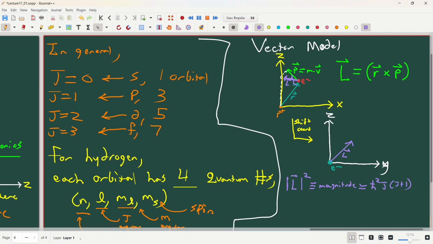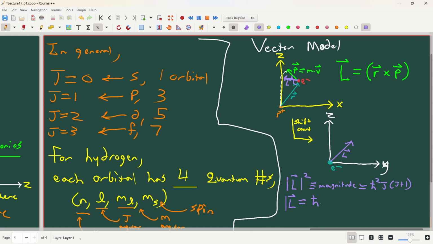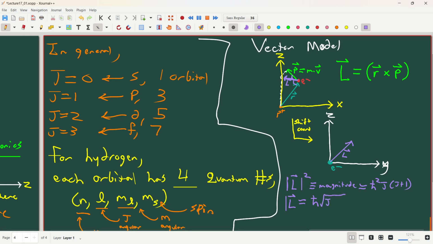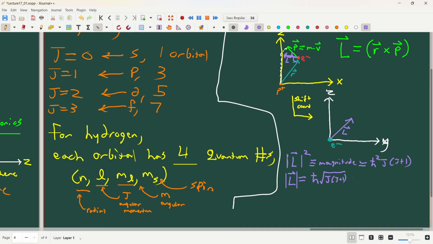Right? That's what we calculated. That's the operator. It says that the angular momentum is a function of j. So that means that the length of the vector is the square root of that, h bar times the square root of j times j plus 1. And that means, of course, L can only be certain lengths.